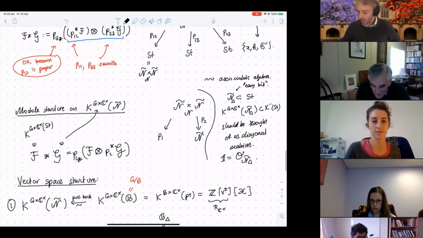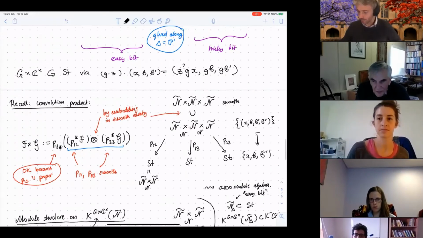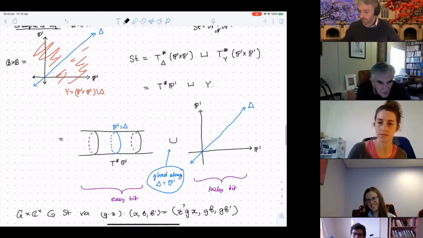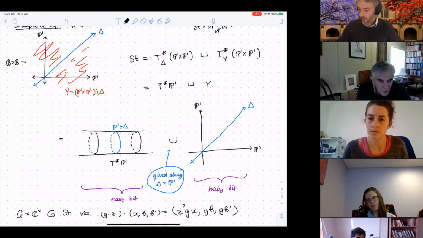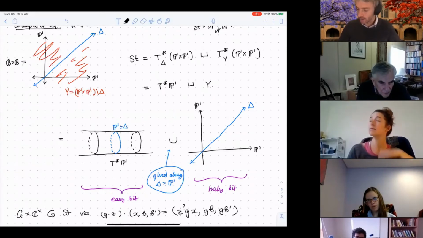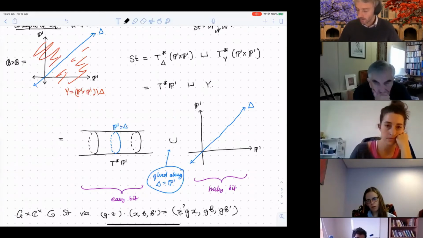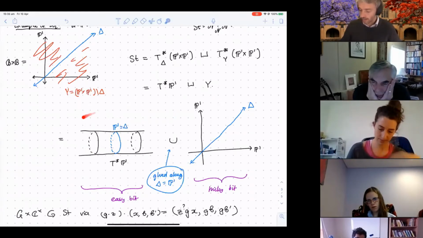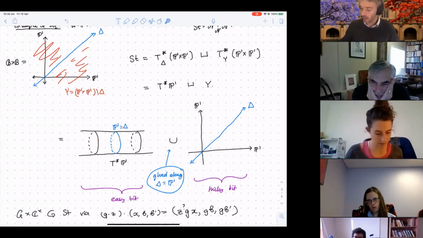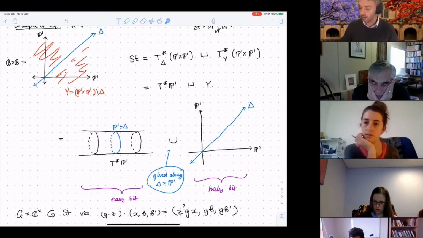So just back in this picture up here, this filtration would have this piece first. So this is the conormal bundle to that diagonal. And then it would have this piece here. And there's two elements of the Weyl group here, identity and S. And the claim is that each of these contributes an equal amount to the equivariant K theory.